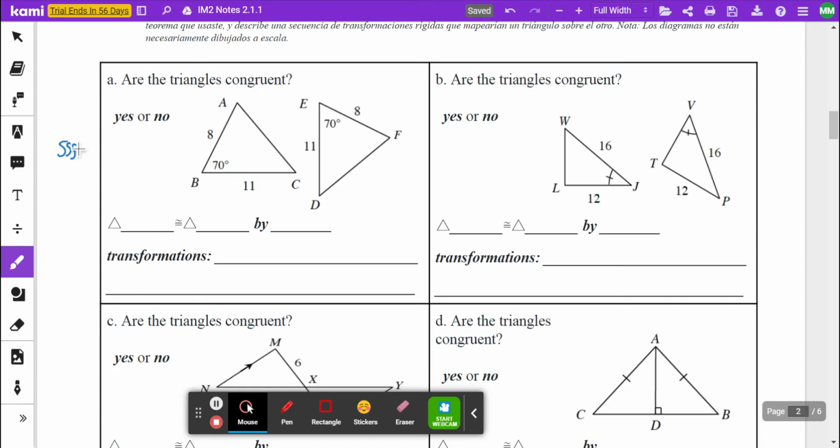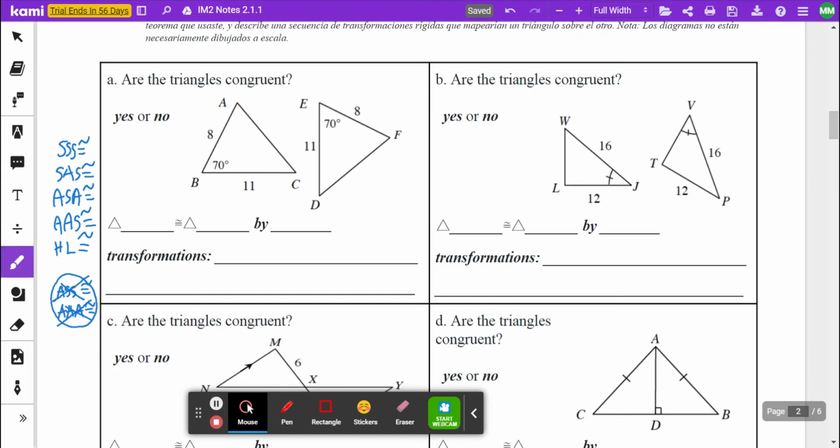We have side, side, side congruence, side, angle, side congruence, angle, side, angle congruence, angle, angle, side congruence, hypotenuse, leg congruence. And then please always remember that donkeys and cars don't work. ASS is not a congruence theorem. Side, side, side is a congruence theorem. I meant to say angle, angle, angle. Angle, angle, angle is also not a congruence theorem.